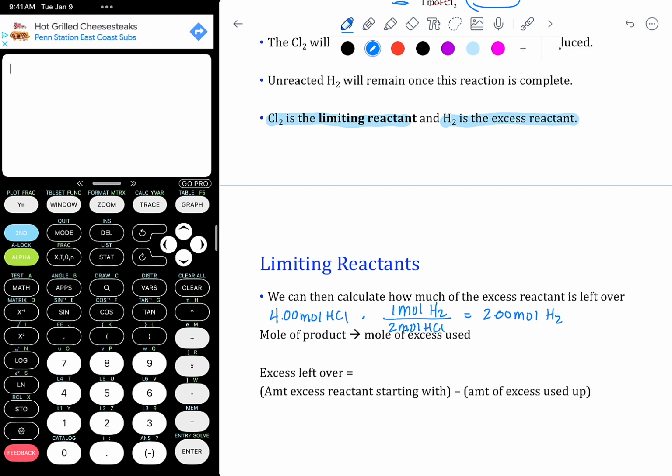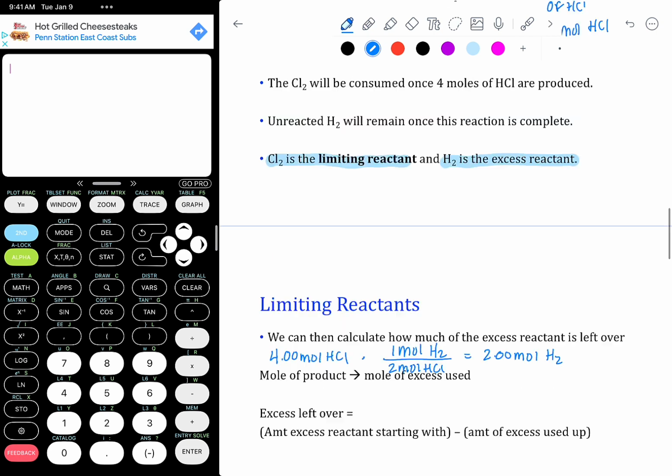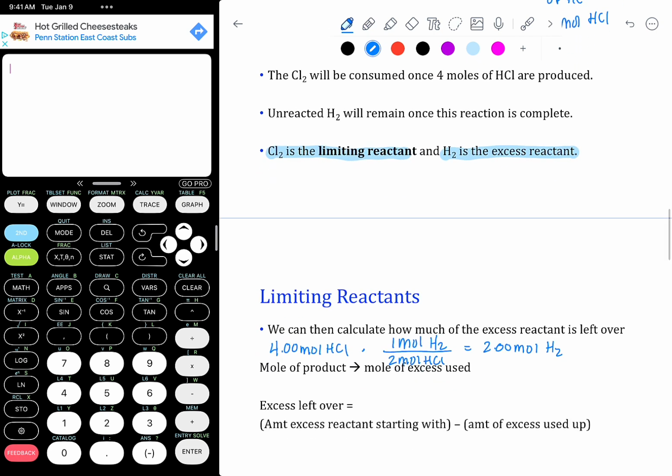I started the reaction with 3 moles of hydrogen gas, and I only used up 2 moles of hydrogen gas. I used up all of my chlorine gas, so 2 moles of hydrogen gas reacted with my 2 moles of chlorine gas, and we got out the 4 moles of hydrochloric acid.